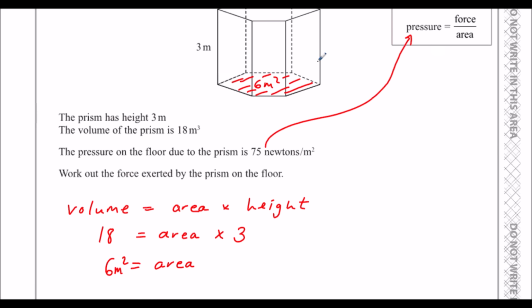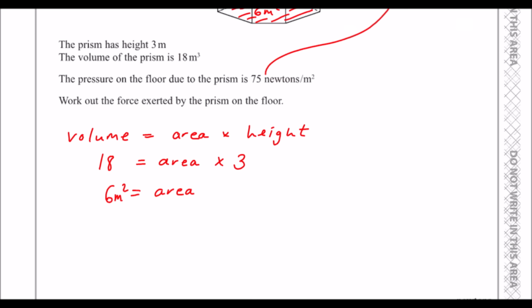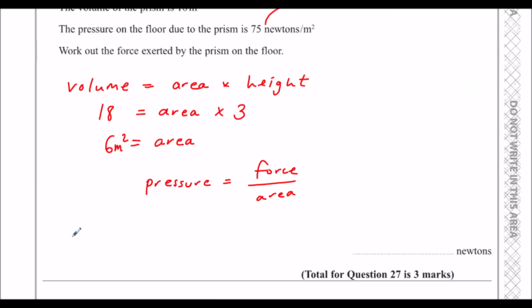So now we can use this formula. So pressure equals force over area. We want to work out the force. So if we multiply both sides by the area, pressure times area will give us the force.